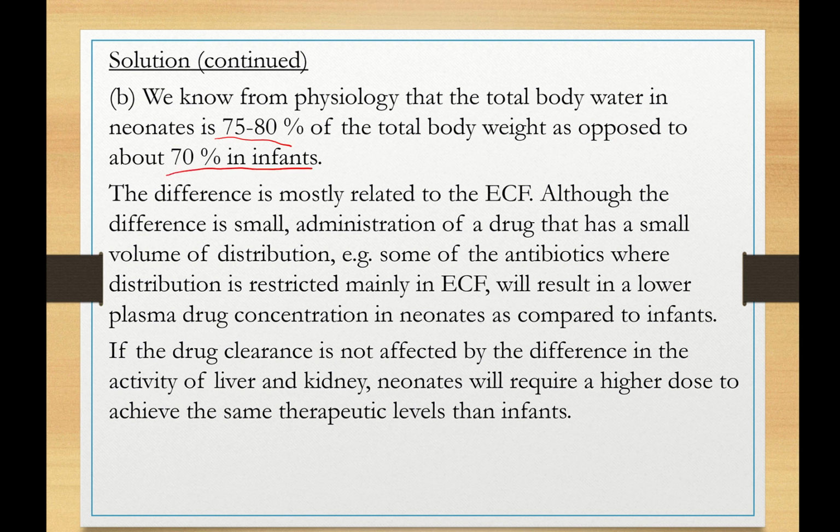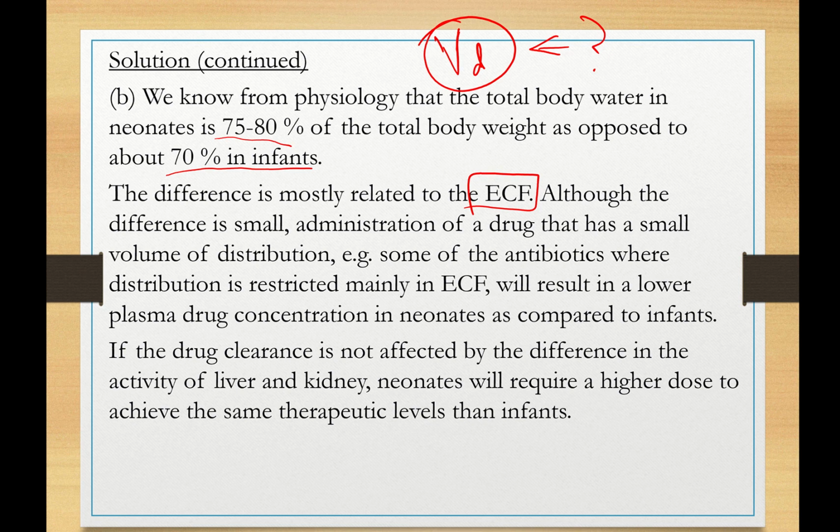So this is actually reflected in the volume of distribution. This would be reflected in the VD, because we also know that these differences are most related to extracellular fluid. So neonates contain more extracellular fluid, which could be translated into higher VD, with caution though, okay, than in infants, which could be like 2 years old.